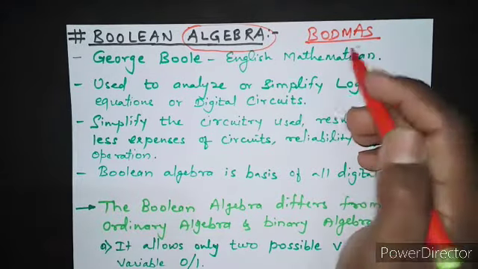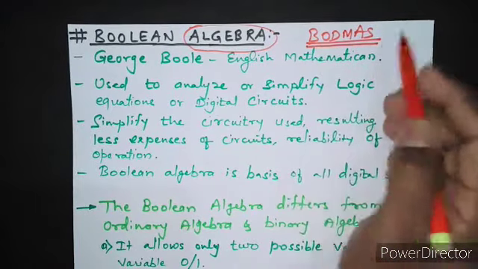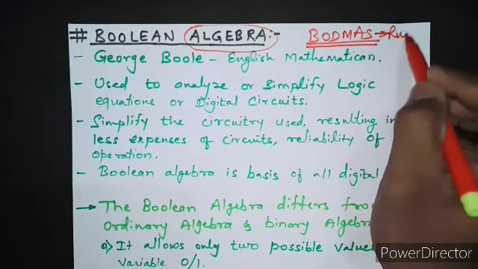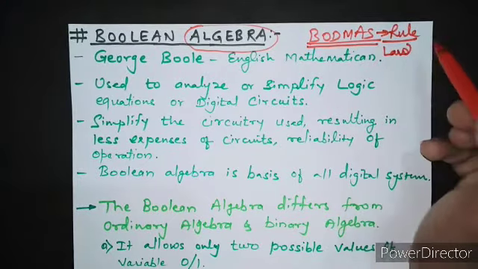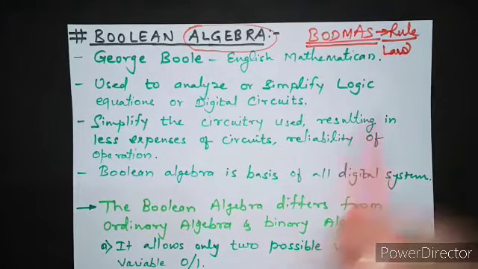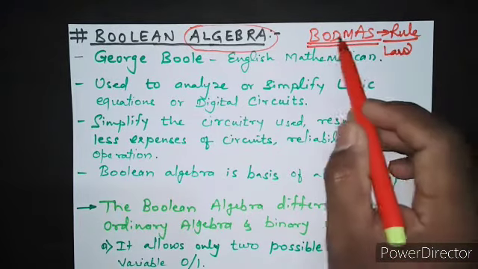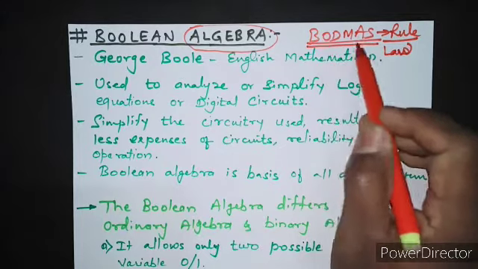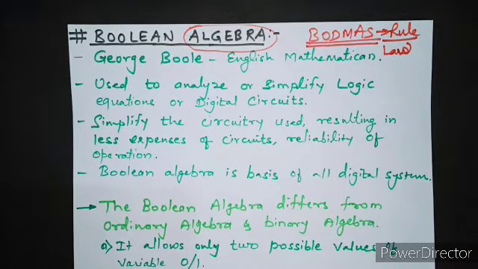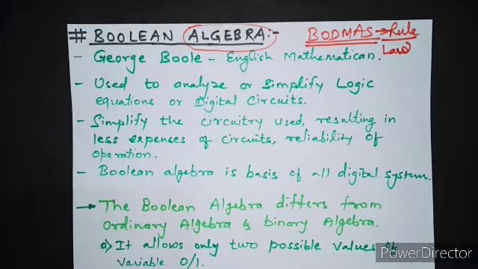Generally we use a rule, or it can also be called a law, because if you follow this law, only then will we be able to simplify or solve a given equation in maths.